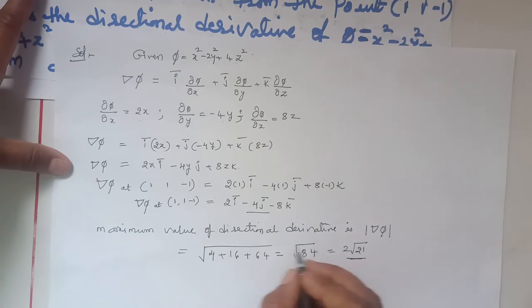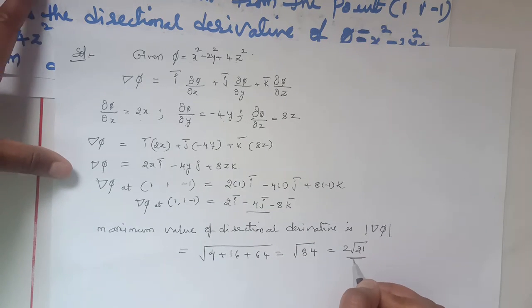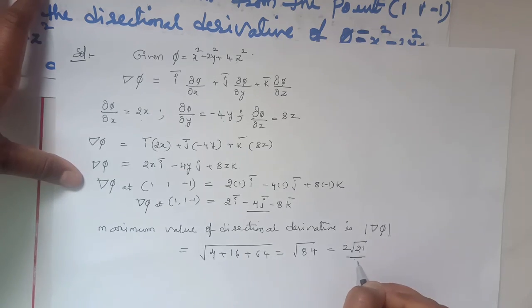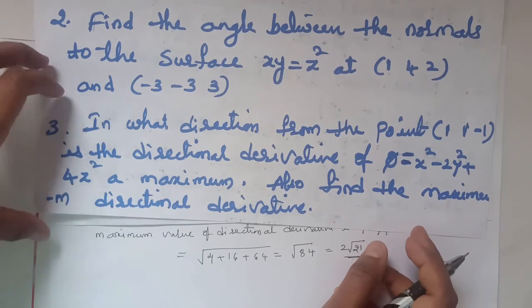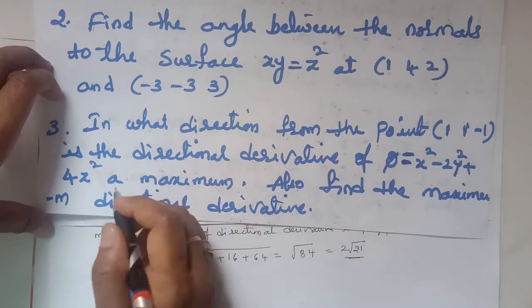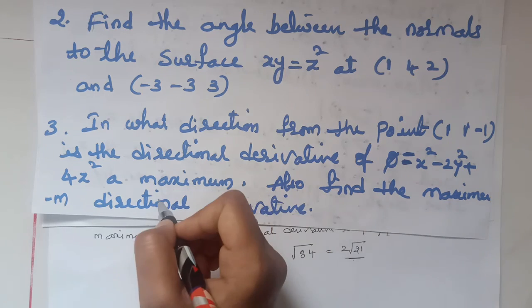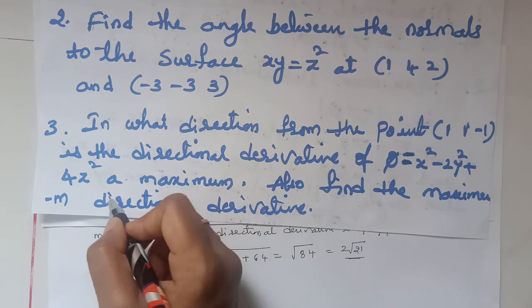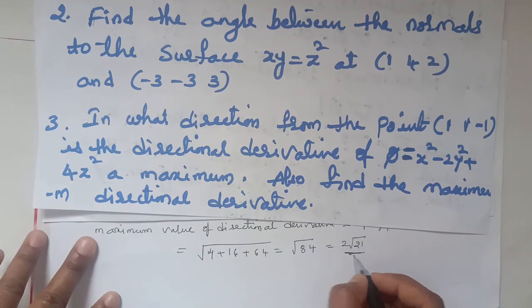Therefore, the maximum value of directional derivative is mod del phi, that is equal to 2 root 21. Okay, this is the third solution: in what direction from the point 1, 1, minus 1 is the directional derivative of x square minus 2y square plus 4z square a maximum, and we got the maximum value, that is 2 root 21.